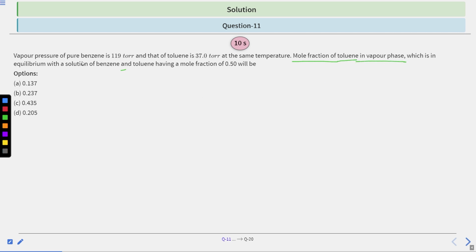The vapor pressure of pure benzene is given as 119 torr and toluene is 37 torr. So the options are 0.137, 0.237, 0.435 or 0.205. You have 10 seconds to solve this question. After that, we will see the answer.